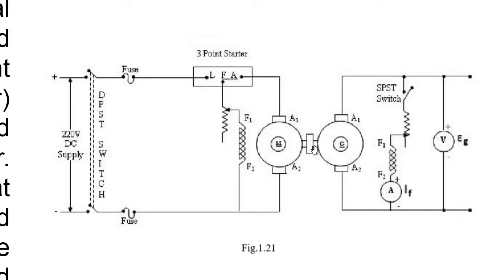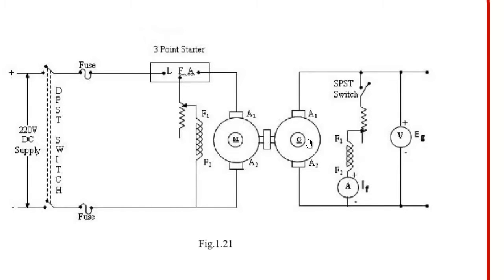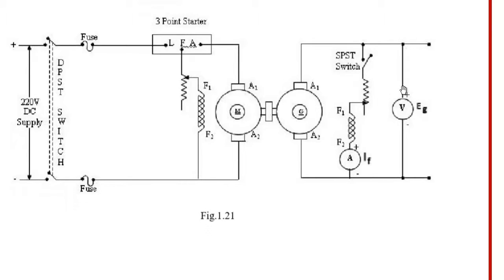So, this is the mechanical coupling. The prime mover is mechanically coupled to the generator here. Here is a generator, and then voltmeter is connected across the armature, and then ammeter and field.